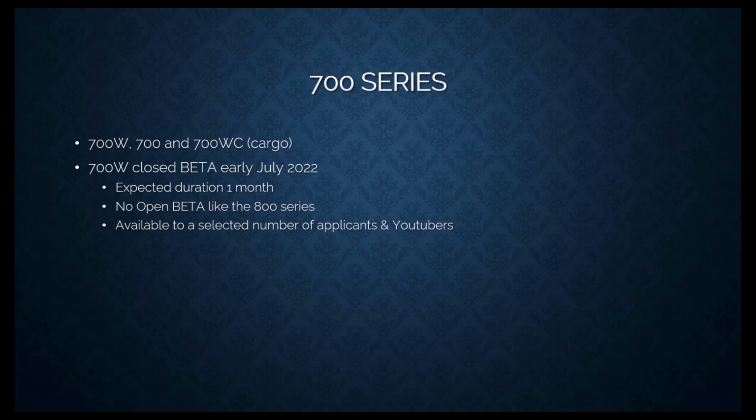There will be no open beta like we had with the 800 series, but you will be able to join the beta team when we open the application. You just need to apply, and we pick a number of applicants. YouTubers will also be more than welcome to join the beta team to test it deeply and promote the 700 Whiskey.